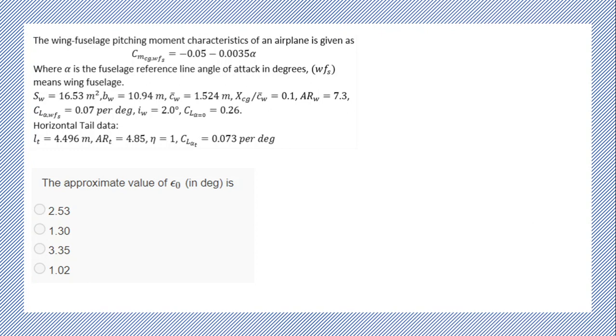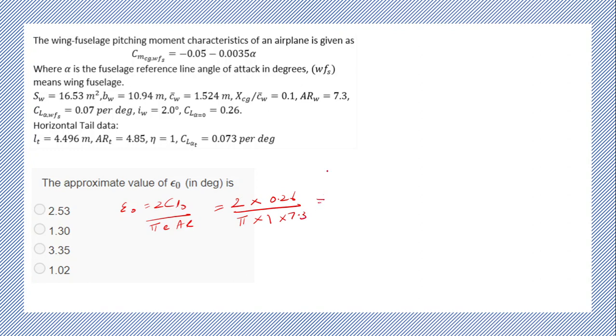Next, the approximate value of epsilon naught, similar to d epsilon by d alpha. So what are the values? 2 Cl naught is, Cl naught is 0.26 by pi into aspect ratio is 7.3.